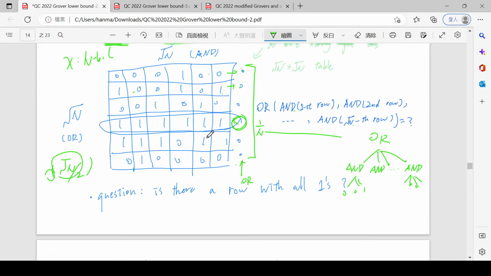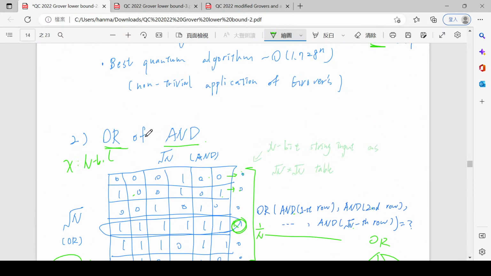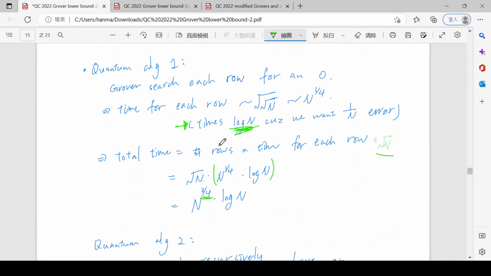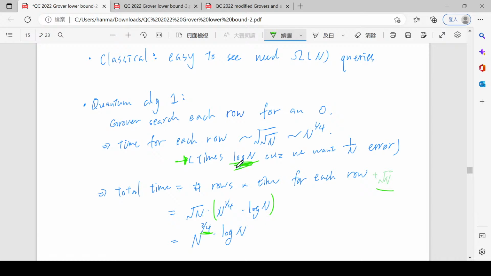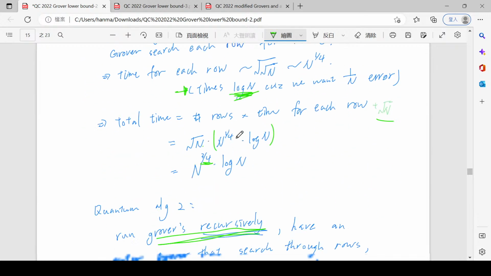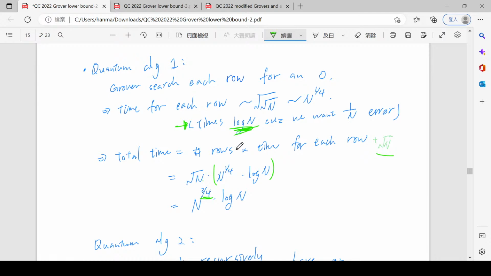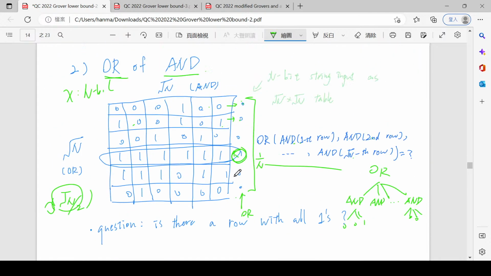What's the query complexity of this OR of ANDs function? Classically, it's pretty easy to see that you need omega n queries, so let's skip that. Quantumly, first we give a dumb algorithm where you just run Grover's algorithm separately for every row.